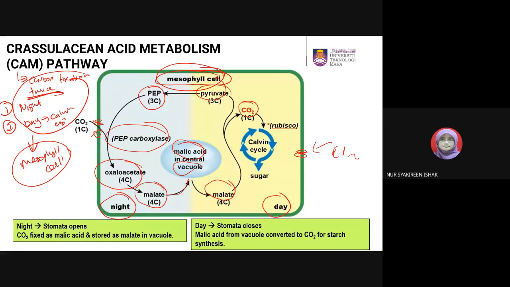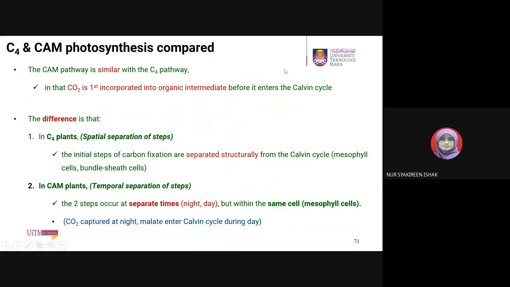Carbon dioxide enters the normal Calvin cycle to produce sugar, and the reaction is catalyzed by the enzyme Rubisco. Itu je perbezaan dia. Awak boleh baca, cuma ini just nak bagi tahu, CAM pathway is similar to C4 pathway in that it undergoes carbon fixation twice: first by PEP, second by RuBP during the Calvin cycle.